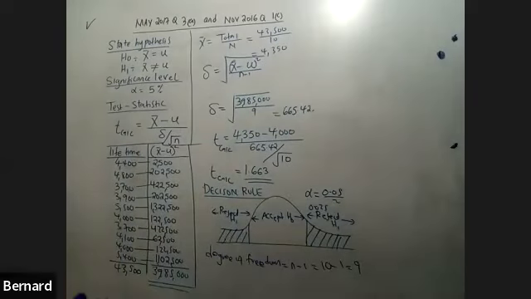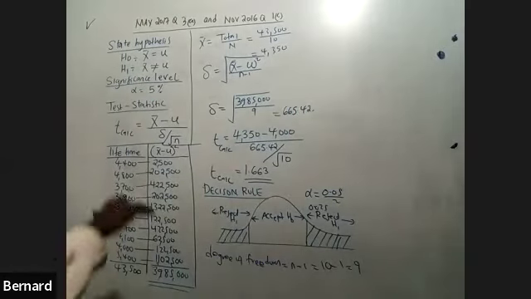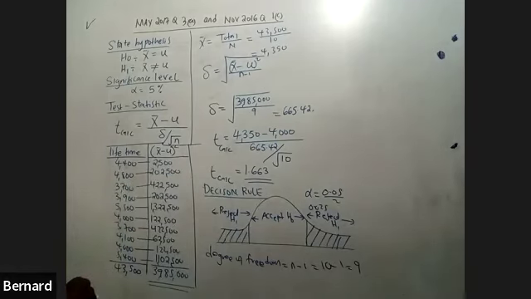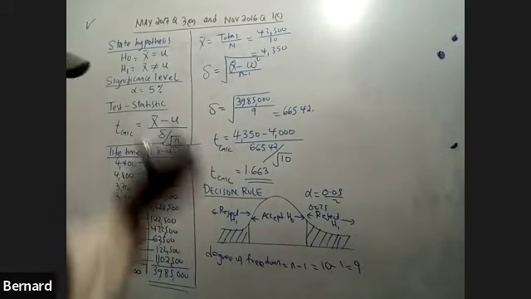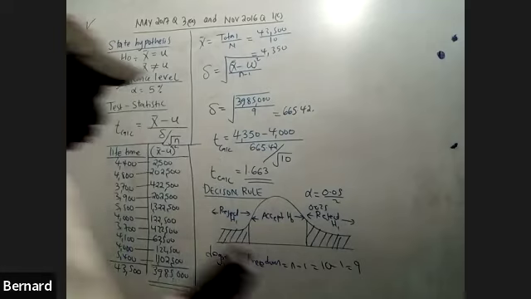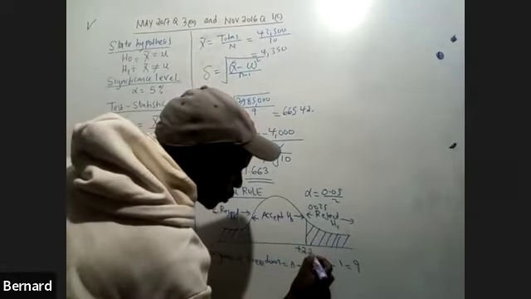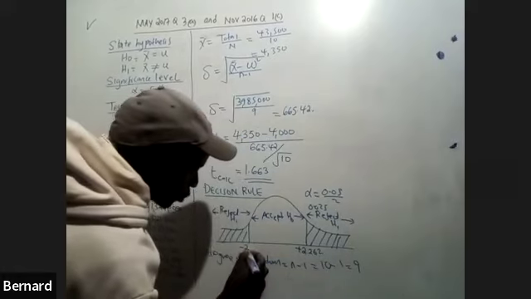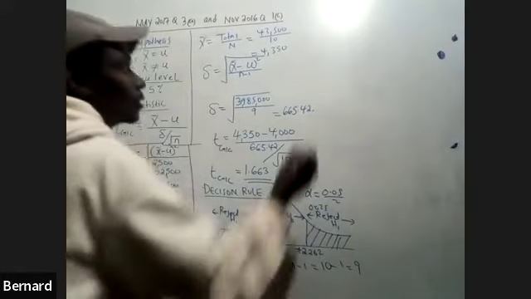Tutaenda kwa table yetu kwa 210, wenda unafika kwa 0.05, hapo tutamka chini kwa 9. I think we shall get 2.262. Tuta confirm 2.262 equal to minus 2.262.